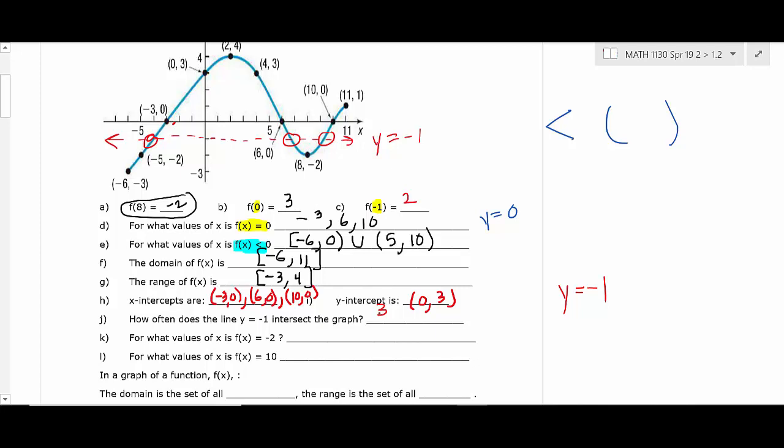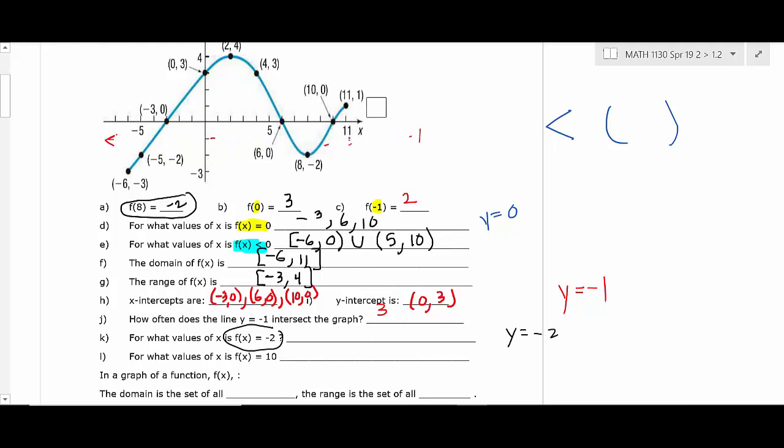Okay, a lot of this stuff is just, do you understand the language of what's going on? Okay, and let's see, next one, it says, what values of x does f of x equal -2? So what that means is y is -2. And if you look at the graph, you've got to find how many x values have a y value of -2.